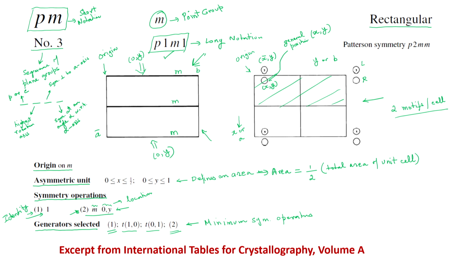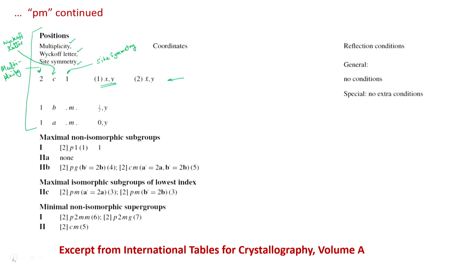Now, how many atoms did we generate? If I put a single atom at x comma y, I generated 2 atoms. If I had put a molecule, I would have generated 2 molecules. So basically this is what multiplicity is: how many motifs get generated in a single unit cell, and what are their coordinates. Here it is written x comma y, x bar comma y.